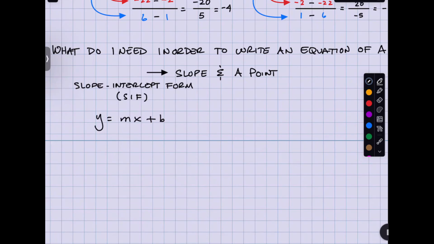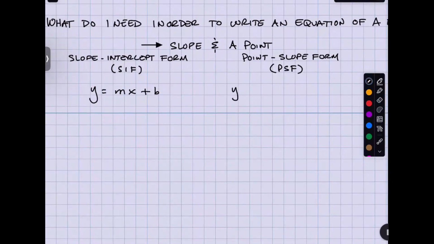And there's another form called point-slope form. I guess if I call that one SIF, I'll call this PSF, because I don't know how else to pronounce that. That states that y minus y1 is equal to m times x minus x1. So the x and y stay put because there's no subscripts there, but x1, y1, that's actually your point.